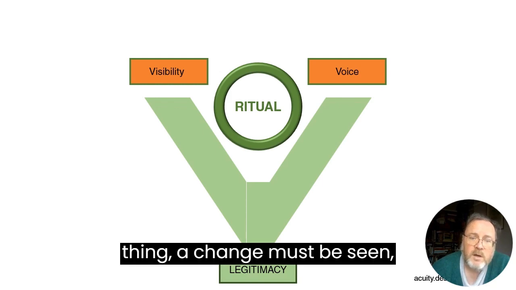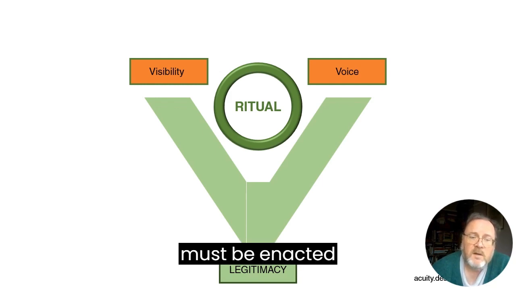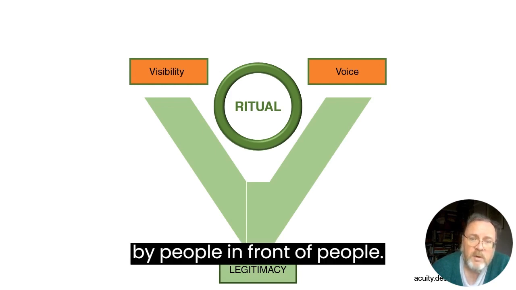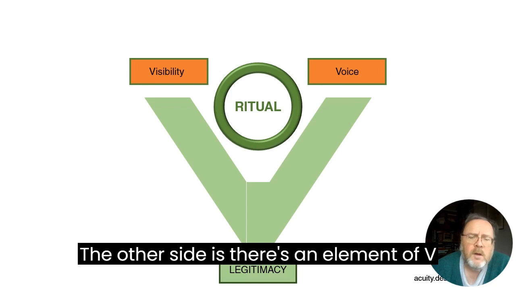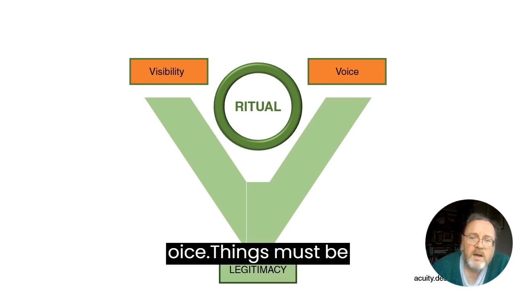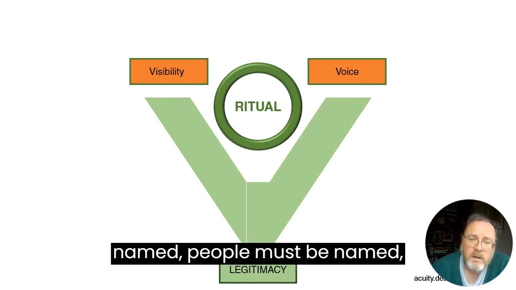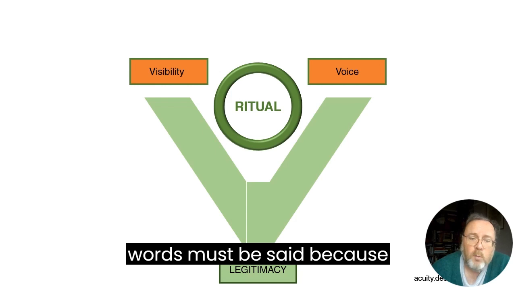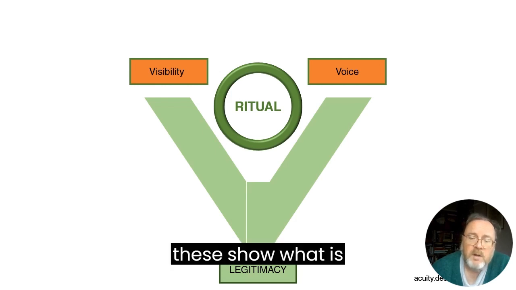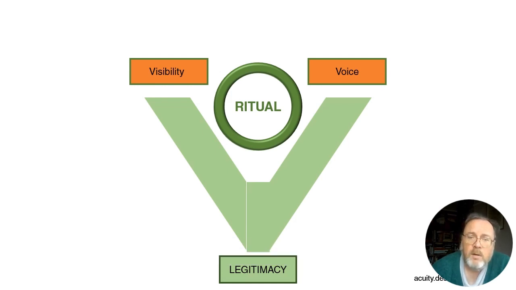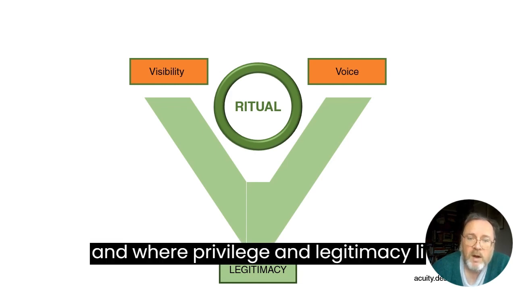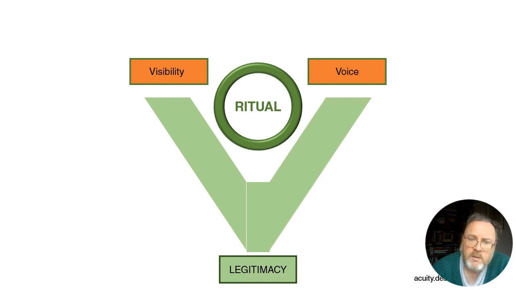A change must be seen, must be enacted by people in front of people. The other side is there's an element of voice. Things must be named, people must be named, roles must be stated, and words must be said, because these show what is happening, who has power, and where privilege and legitimacy rise.